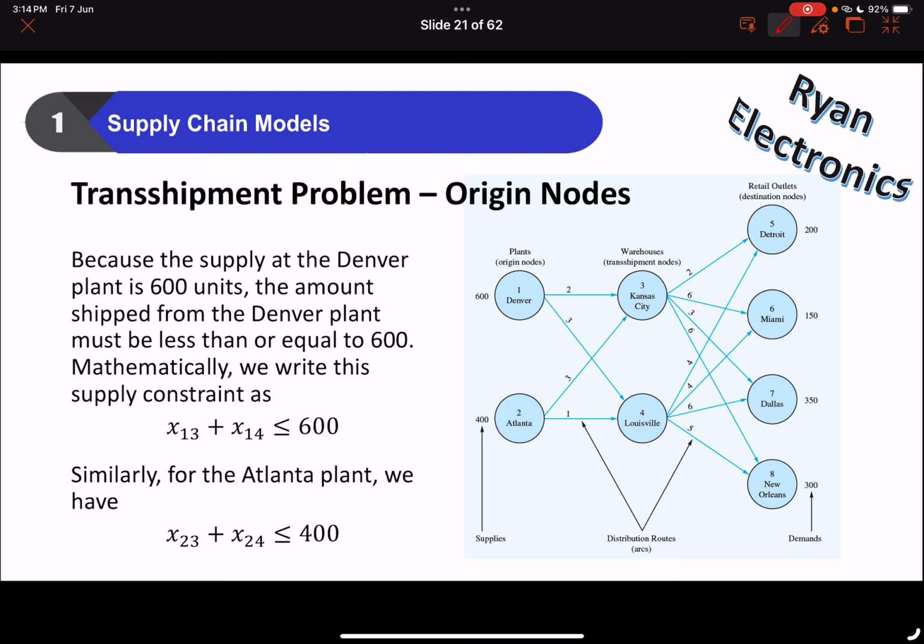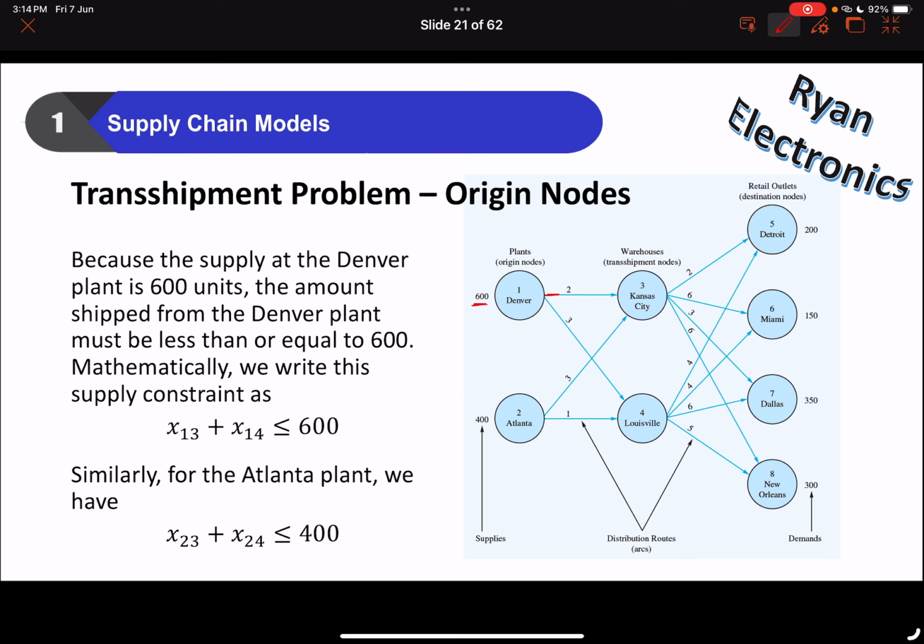So looking at this, because the supply at the Denver plant is 600 units, the amount shipped from Denver must be less than or equal to 600. If you have 600, you can only send out at most 600 or anything less than that. So mathematically, it is written as X13 plus X14 is less than or equal to 600.